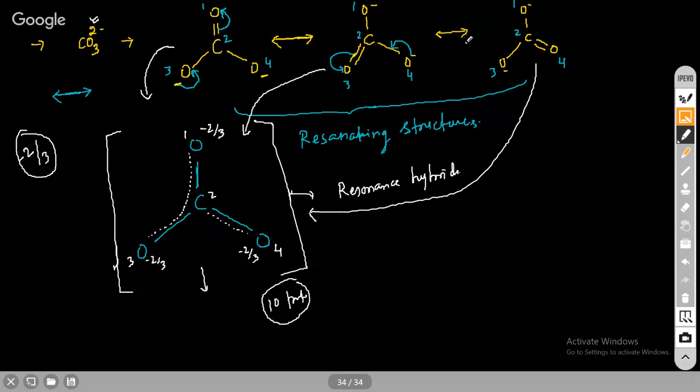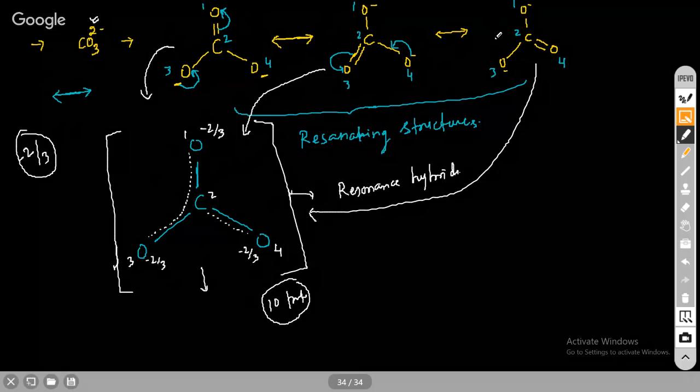That's why the properties of the resonance hybrid are given by its resonating structures only, right? Since these resonating structures contribute to the properties of the resonance hybrid, we also call all these resonating structures contributors.